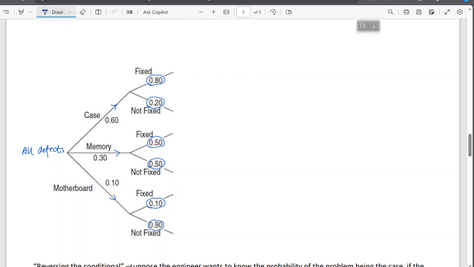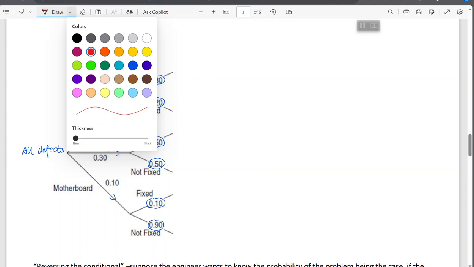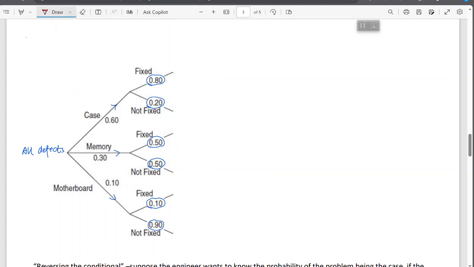Okay, so now let's think about a question. We have already talked about the marginal probability, joint probability, or conditional probability, right? So let's think about this 0.60. What kind of probability do you think this 0.60 is?